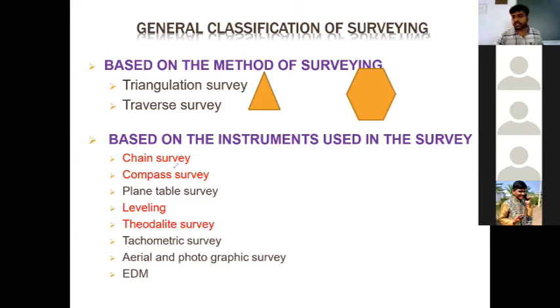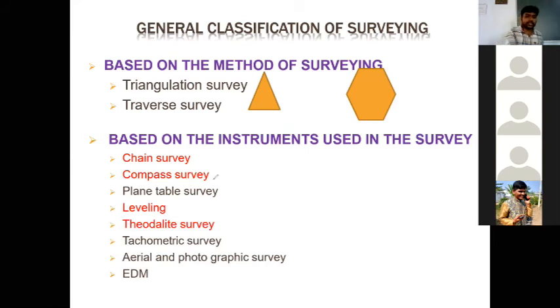This chain survey we're going to do in practice, so there we get to know how we actually do it in the field. With the chain we get a straight line, as well as the measurement of the distance from one point to another point. So there we make use of this chain survey. Next, coming to compass survey.